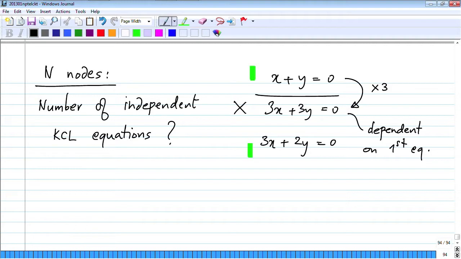But how many independent KCL equations can we generate? Some of you said n, and many of you also said n minus 1.